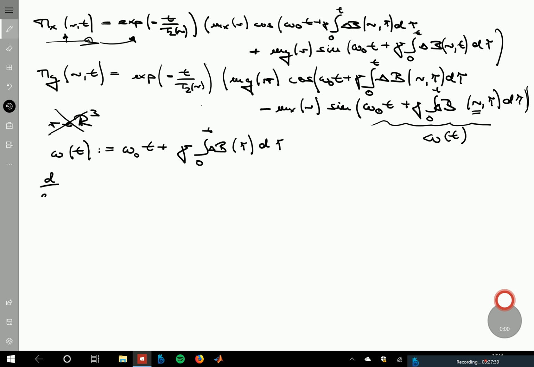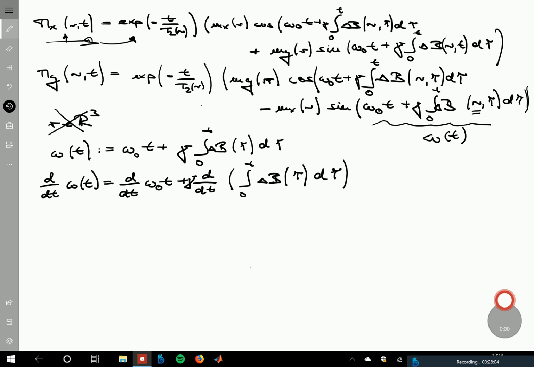So our d dt omega t is, by the linearity of differentiation, omega t plus dt of, can put the gamma up front already, this thing. So what's the derivative of this?